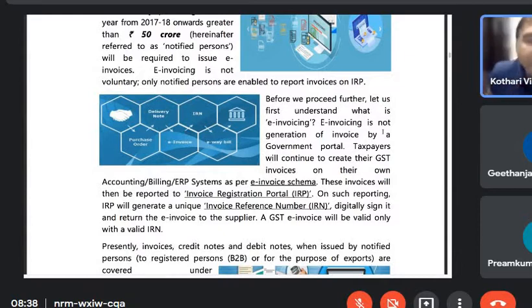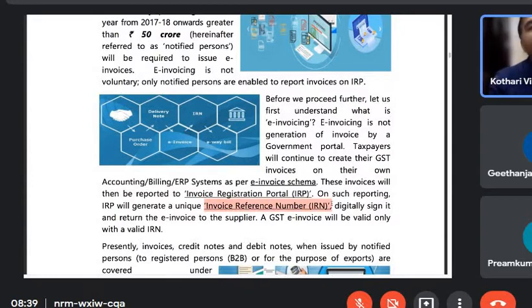When you pass an entry in the accounting, what happens? There is data. The company name is there, the address is there, everything is a field. This data of an invoice should be uploaded in the e-invoice portal, and then for that invoice number, one reference number will be generated, that is called the unique invoice reference number.